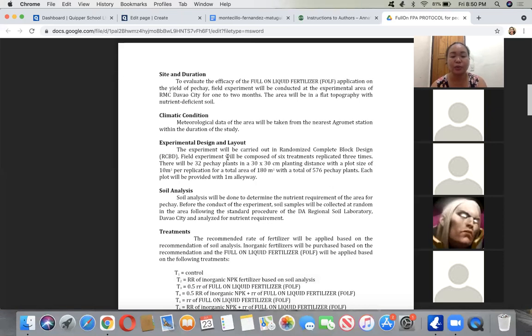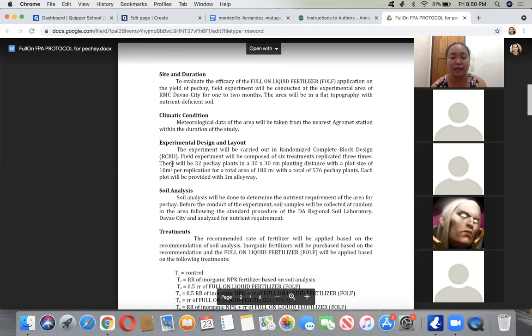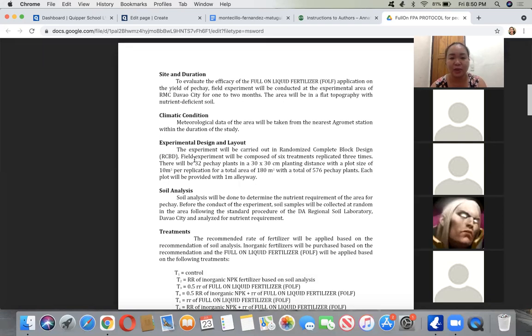So the experiment will be carried out, you should state that way, in a randomized complete block design or RCBD. So I guess, yeah, I'm going to mention this one after na ma-explain sa inyo ang protocol, okay? So meron din tayong in experimental field, meron tayong dalawang layout na ginagamit, the randomized complete block design RCBD or the CRD.